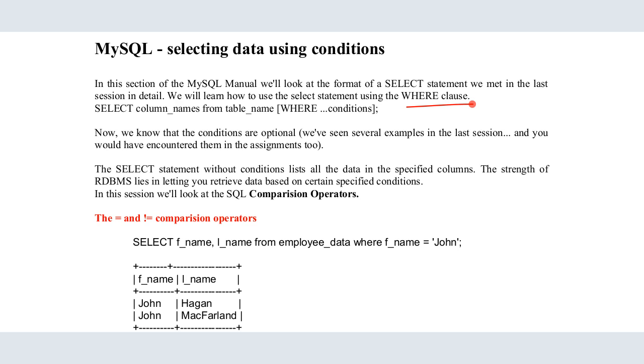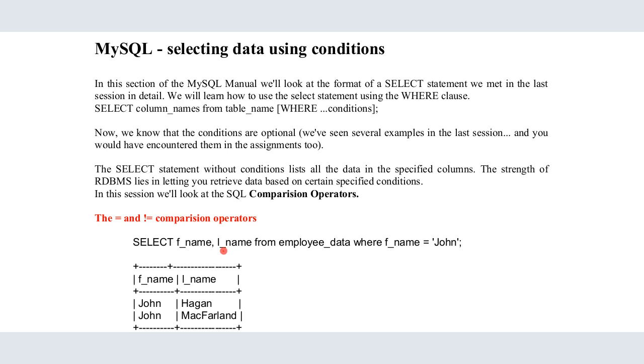Okay. So if you look at the statement provided here, we are picking specific columns from a table. We are picking the first name, which is an attribute of our table.